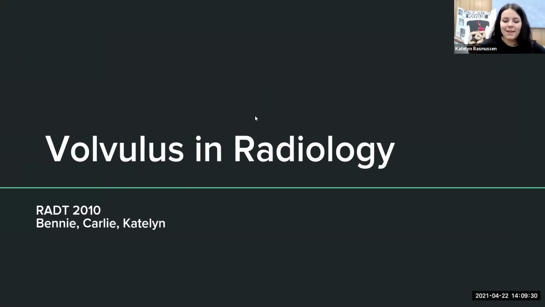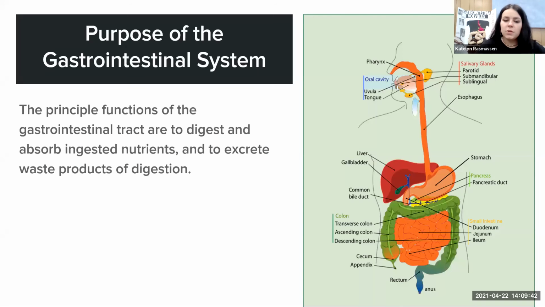Hey, my name is Carly. I'm here with Caitlin and Benny. I'm going to start off with our presentation. We have volvulus in radiology, which is a pathology that can occur in the human body. First, we'll talk about the purpose of the gastrointestinal system.